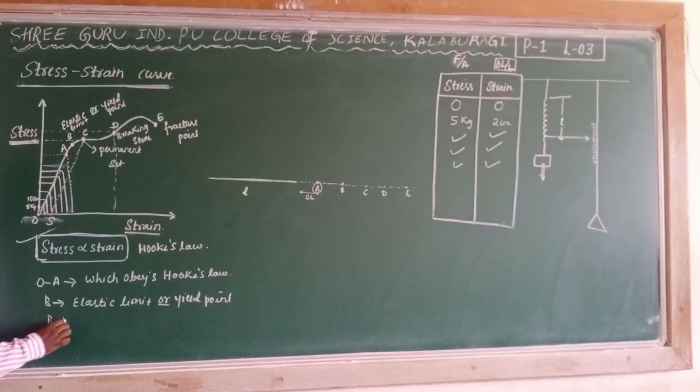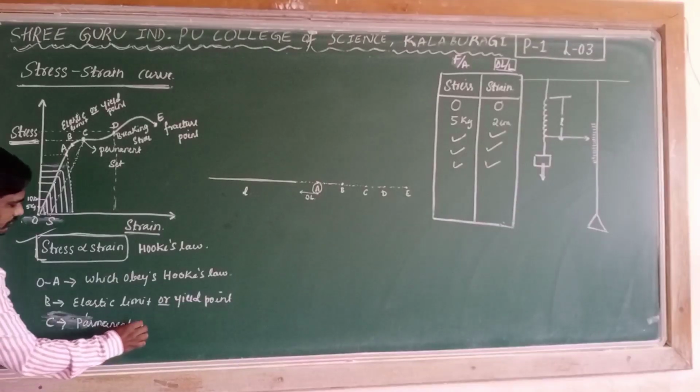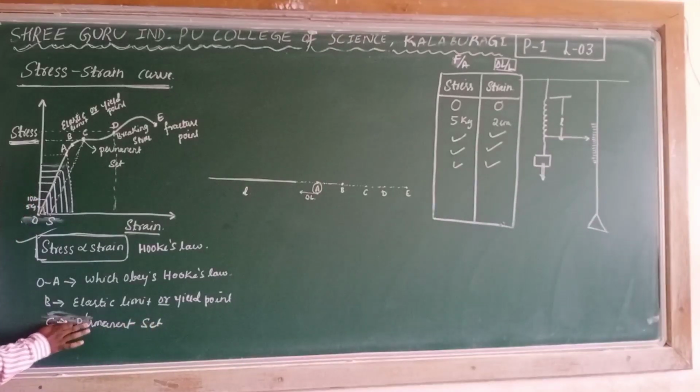Beyond this point B, the material is going to convert to plasticity, and this point C is called the permanent set. This is the permanent set, and this point D is the breaking stress.